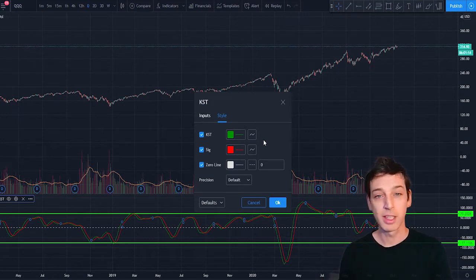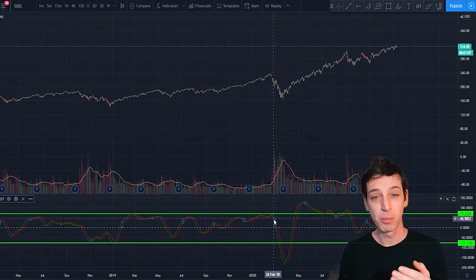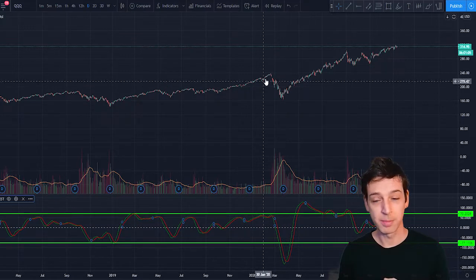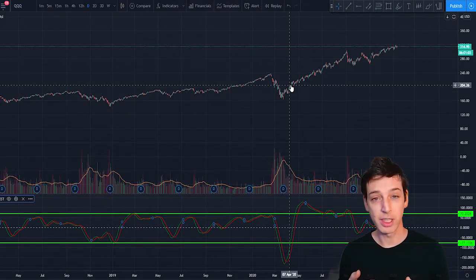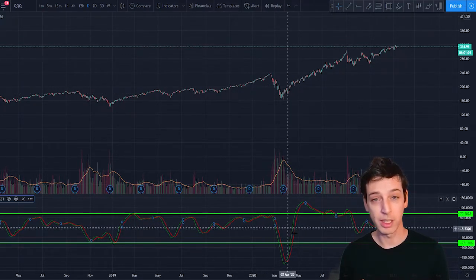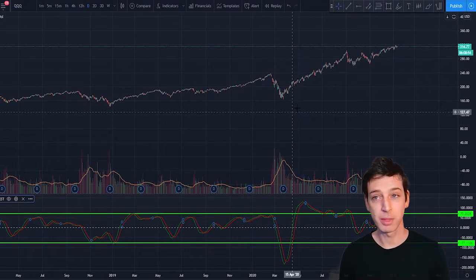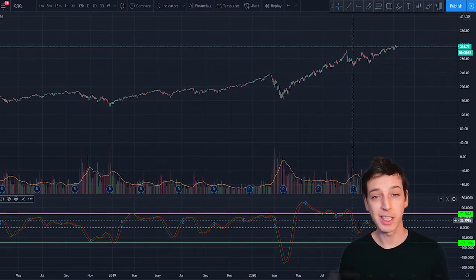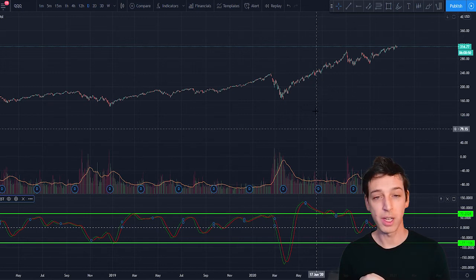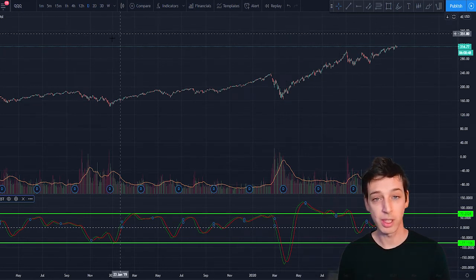The KST prints a trend line and a signal line, which when crossing give us buy or sell signals. We can analyse this cross to see if it's above or below the centre line, which gives us a picture of the bearish or bullish posture and allows us to make a slightly more sophisticated decision or have a more robust trading strategy.